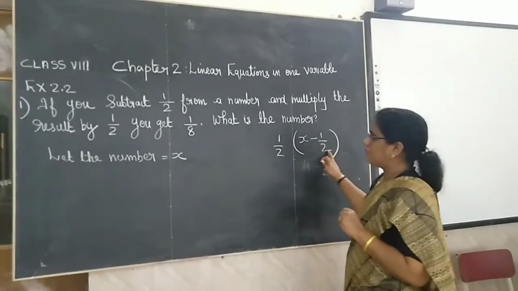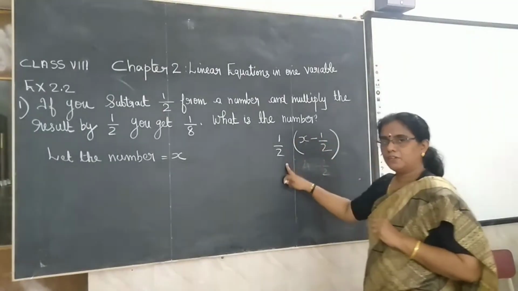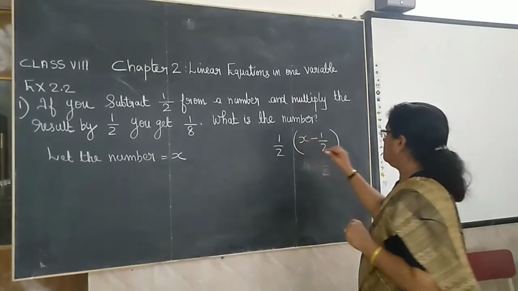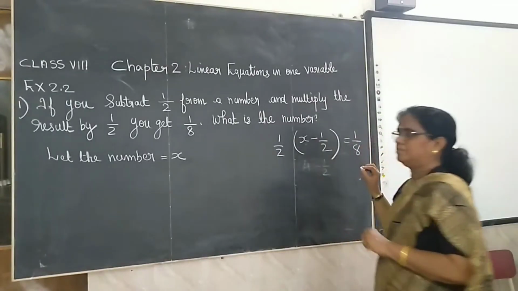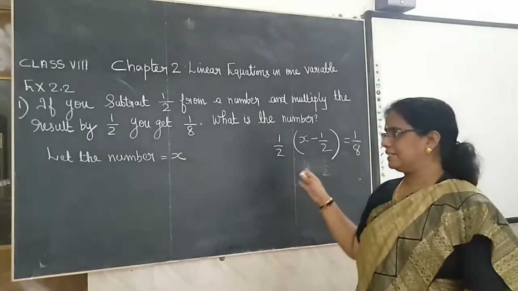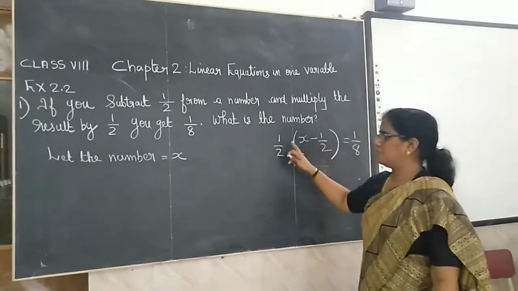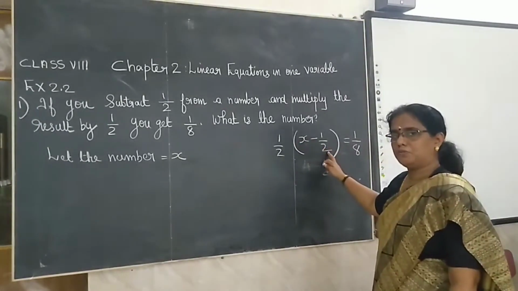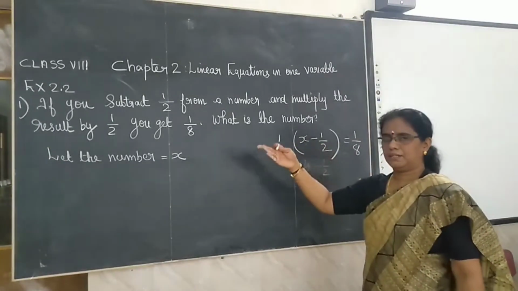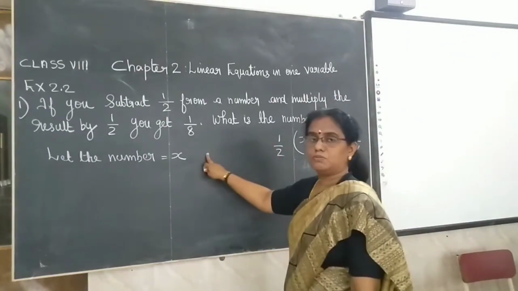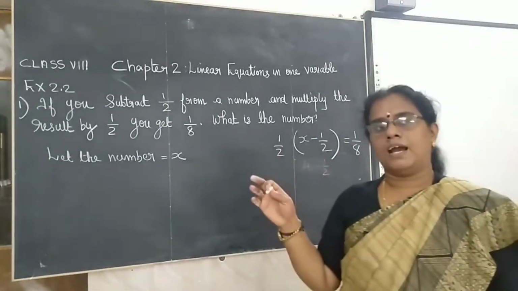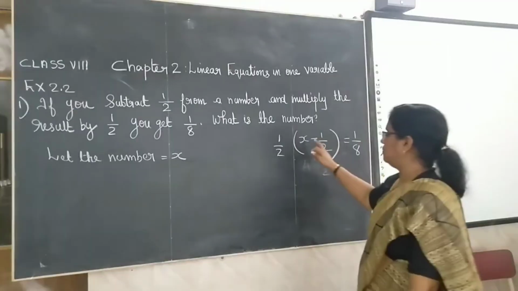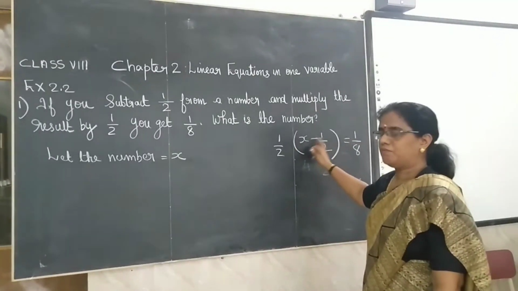And that number we have to multiply with 1 by 2. Then you will get 1 by 8. That is, according to the given condition, you have to write like this. First you subtract 1 by 2 from the number. We have taken the number x because we don't know the number. And then subtract 1 by 2, so x minus 1 by 2.